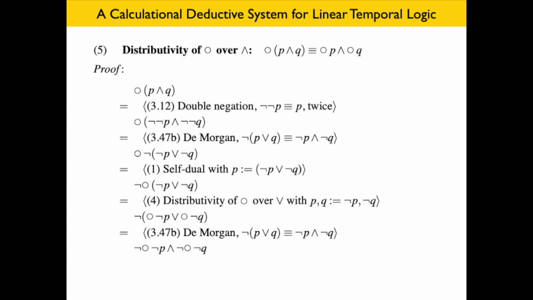So that becomes not next, not P, and not next, not Q. That looks suspiciously like linearity. If we do that twice, we get the final result, which is not P and not Q, the left-hand side of what we were trying to prove.